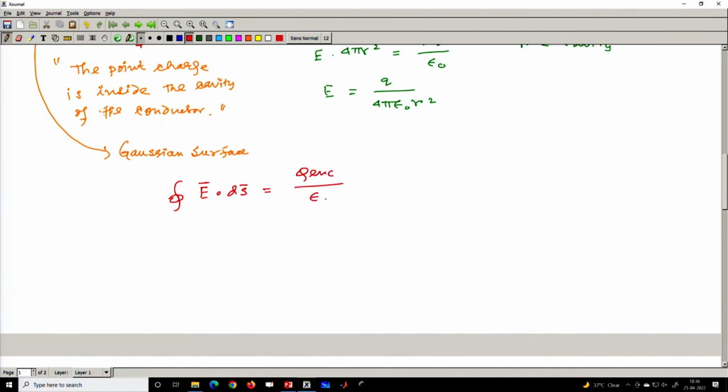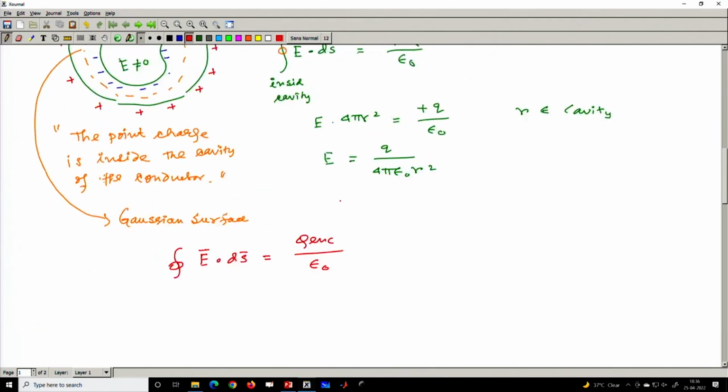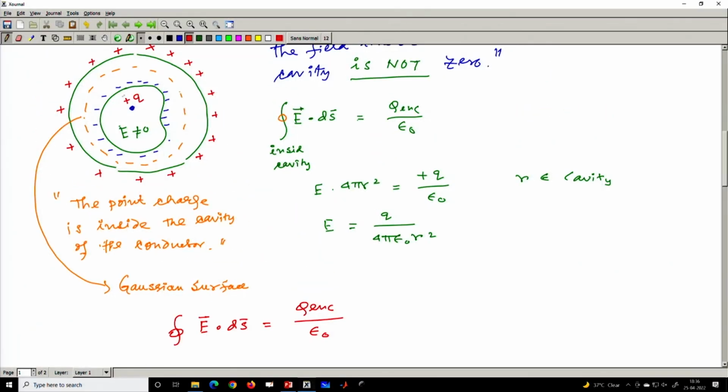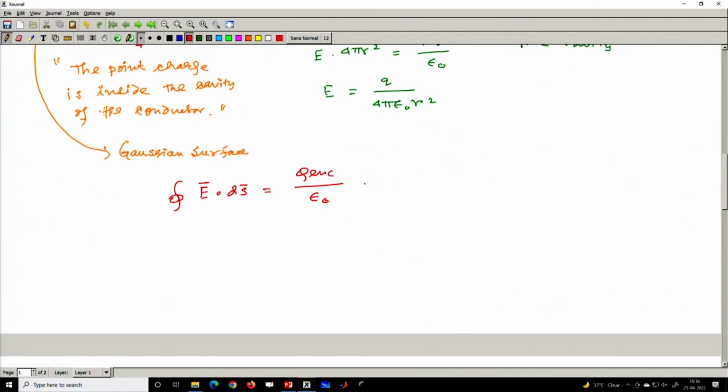divided by epsilon 0. Now, note here the q enclosed contains the plus q charge and also these induced negative charges, because you can see these induced negative charges and the plus q, both charges are there inside this Gaussian surface. So, I should write here 1 divided by epsilon 0, there will be two charges, one is simply plus q, that is already there in the cavity, plus another is the induced charge.